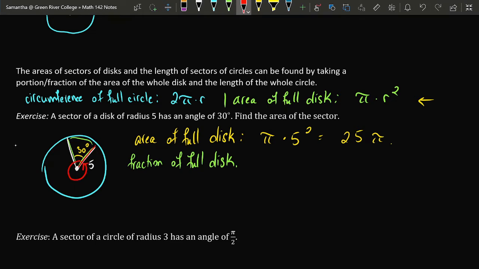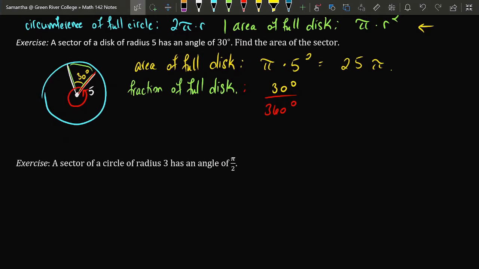The full disk would have an angle corresponding to 360 degrees, a full revolution. We only have 30 degrees out of that full 360. So the fraction of the full disk that we possess is 30 degrees out of the full 360 that would correspond to the entire circle.